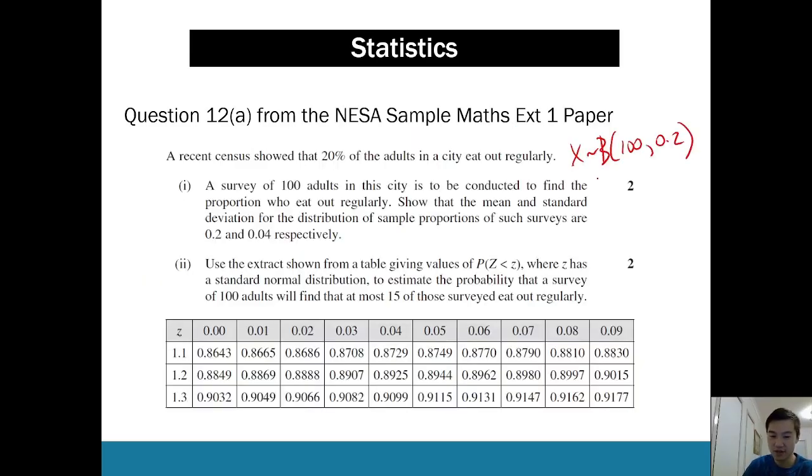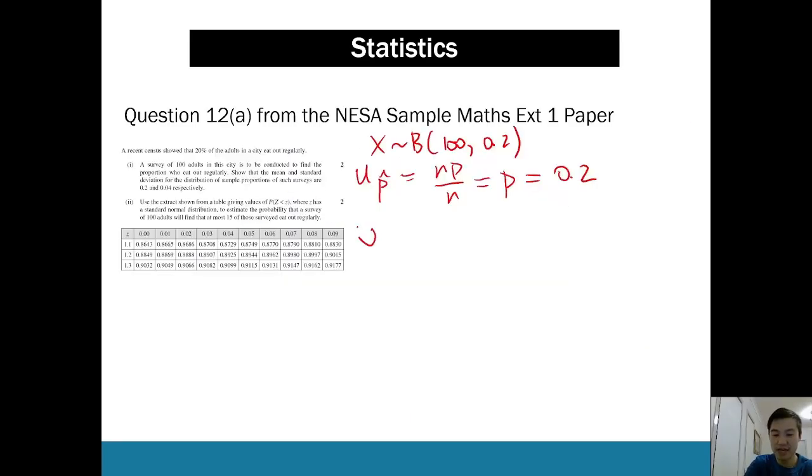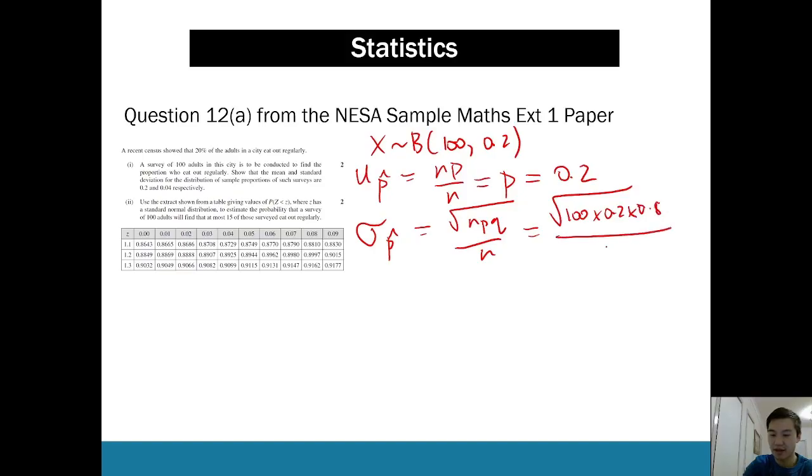And they want us to find the standard deviation of the sample proportion. So the standard deviation of the sample proportion is going to be root npq divided by n, which is root 100 times 0.2 times 0.8 divided by 100.